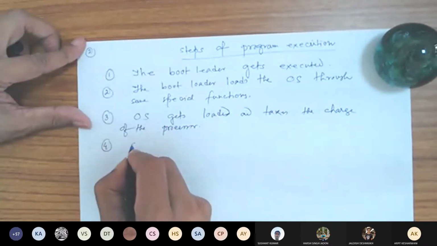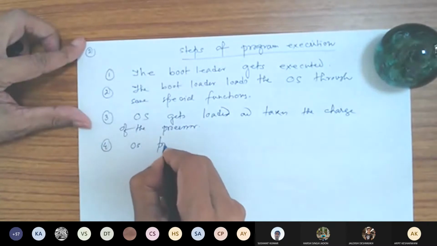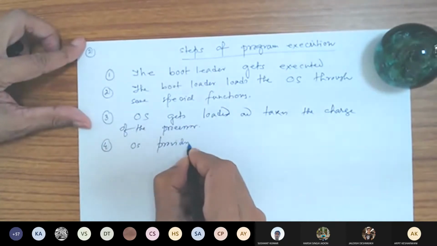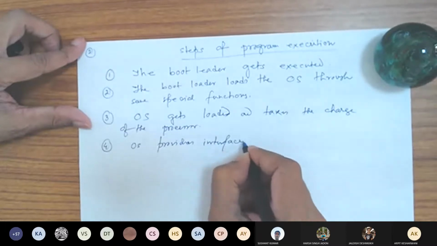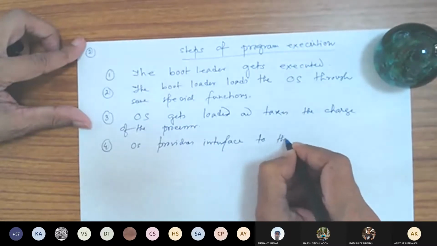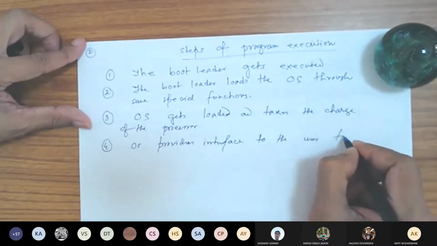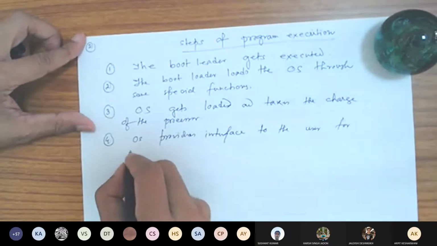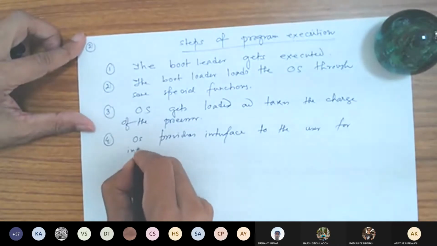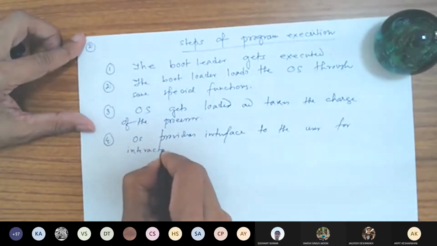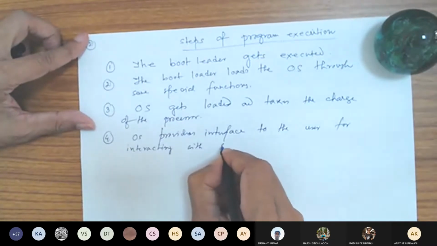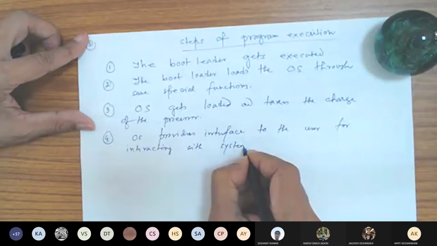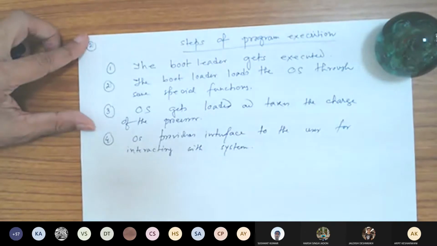After that, the OS provides an interface to the user for interacting with the system. What interface?